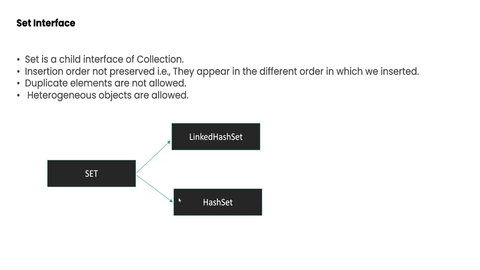Coming to insertion order, in List it is preserved and in Set it is not. In List, duplicate elements are allowed, and in Set, duplicate elements are not at all allowed. That is the difference.